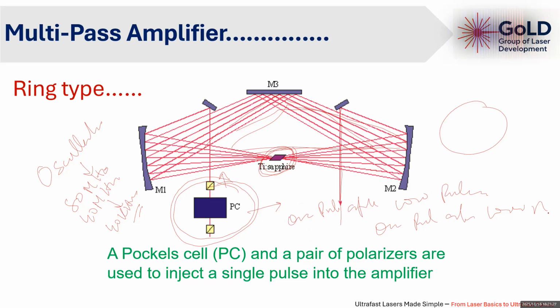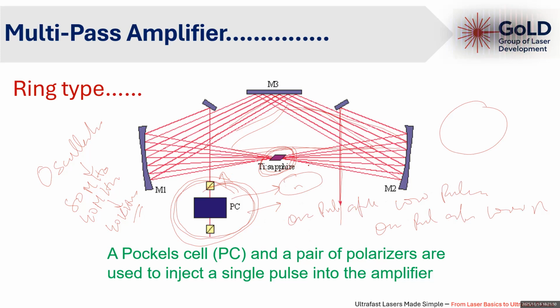You select. You cannot amplify each and every pulse, so keep that in mind. That is why this Pockels cell is used, and it has a controller outside the box. If you remember, I taught about this Pockels cell and Kerr-lens in the previous lectures.